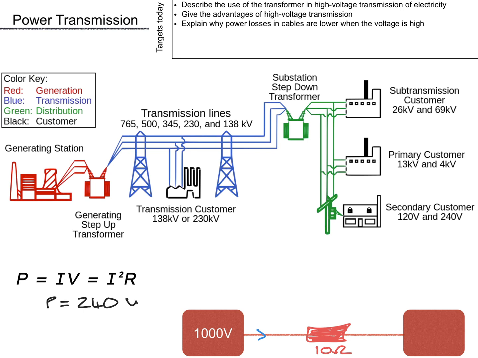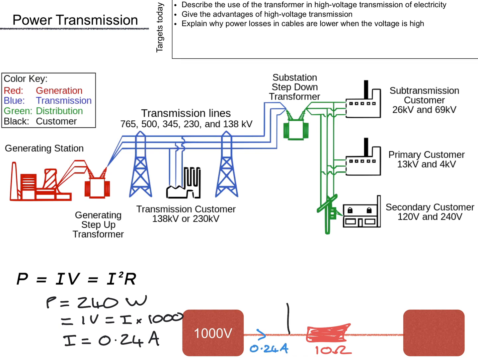That was what we were producing. This time that's going to be equal to I times V. V is 1,000, so I times 1,000. Therefore, the current is going to be equal to 0.24 amps. Got a much lower current going through that wire now.